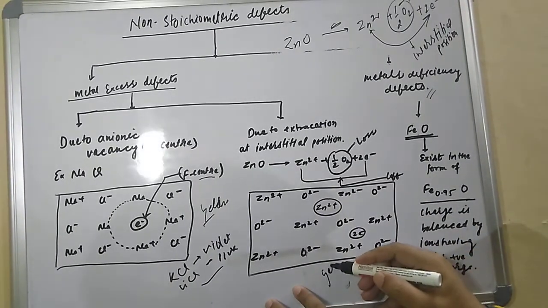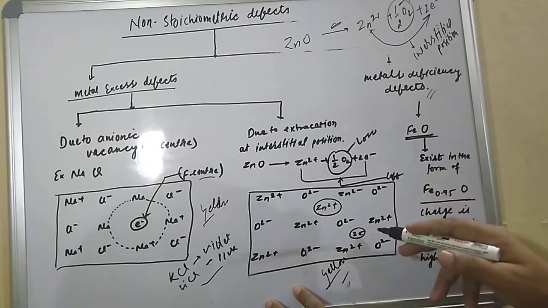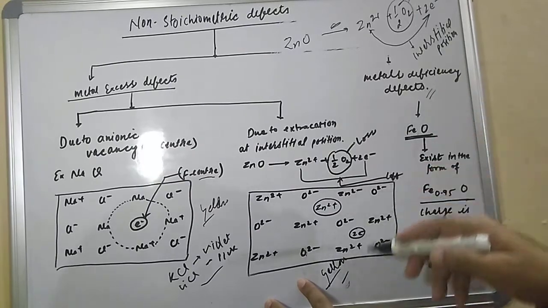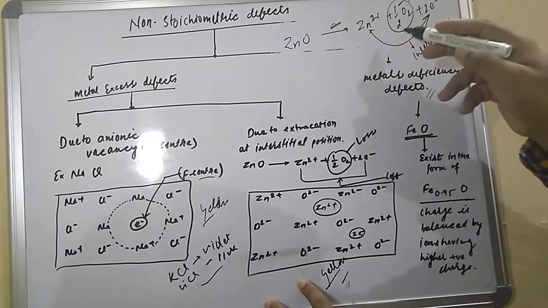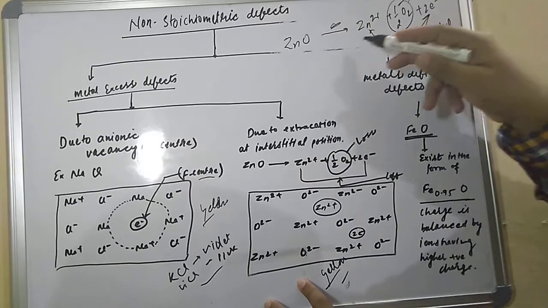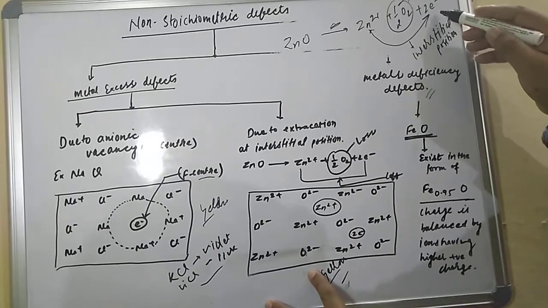If it is ZnO and there is no loss of electron, no ionization, it will be colorless. But when heating takes place, zinc will convert to Zn2+, O2 will be released out and 2 electrons will be there.